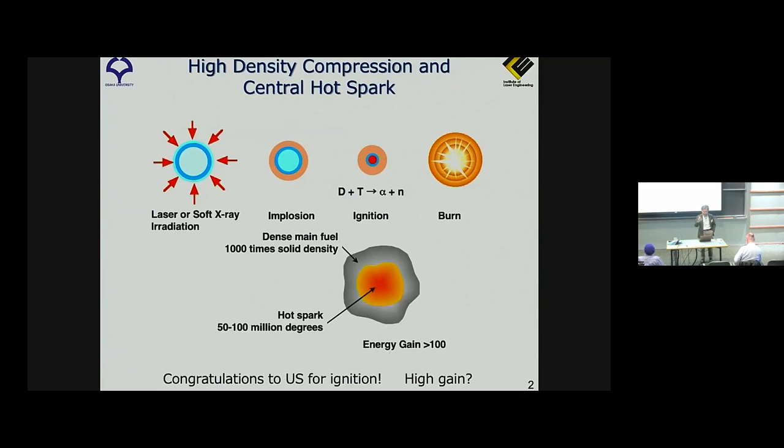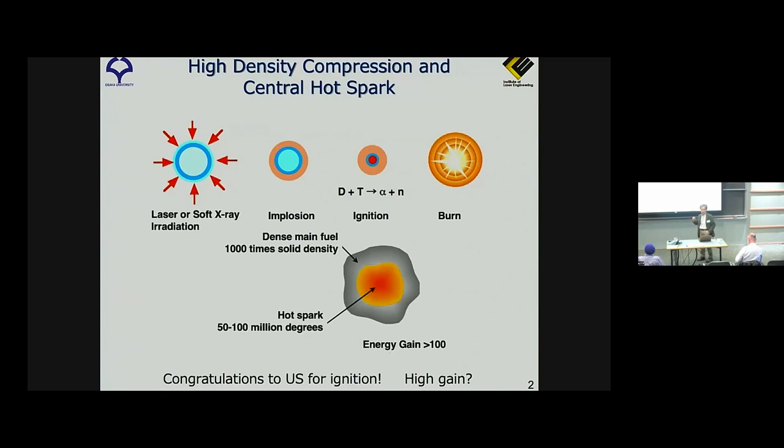How ICF works. Initially, there is a container, a so-called capsule, that contains DT ice, shown in blue, and DT gas in the center. Those capsules are irradiated by a strong laser or soft X-rays.